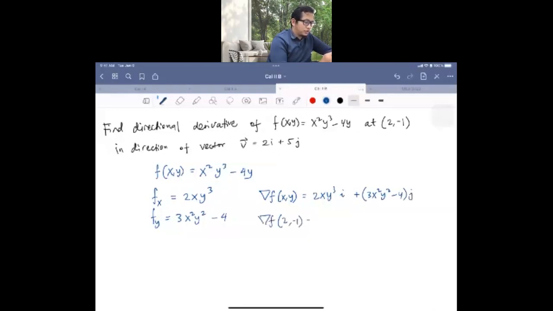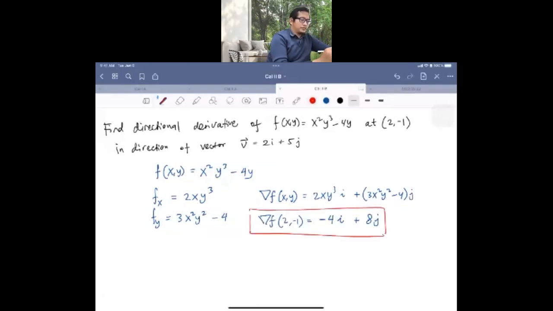And then at the point (2, -1), we can write down this is -4i plus this is 12, and 12 minus 4 is 8, so 8j.